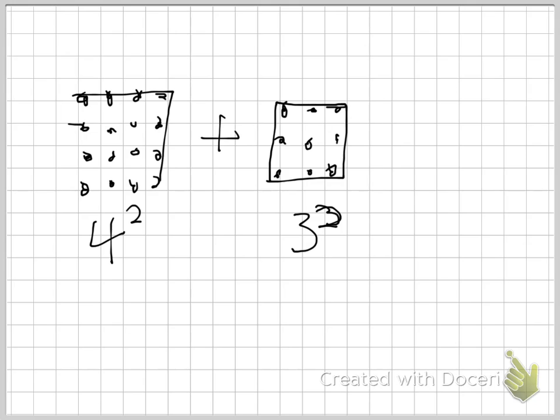Instead, you're just using points. So that would be 4 times 4, which is 16. Add to that 3 times 3, which is 9. Put them together, and you get 25.